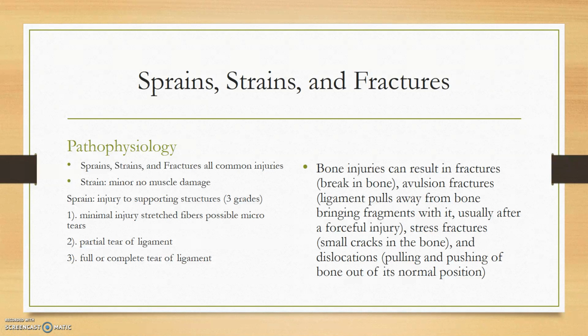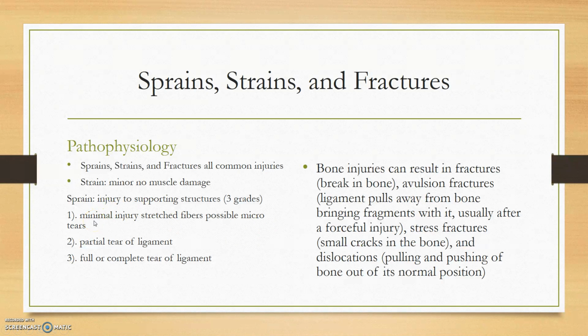The strain is really minor or no muscle damage, okay? So a stretching, and the patient pretty much recovers fairly quickly. Sprain is an injury to the supporting structures, so there is some injury, and they're graded 1 through 3.